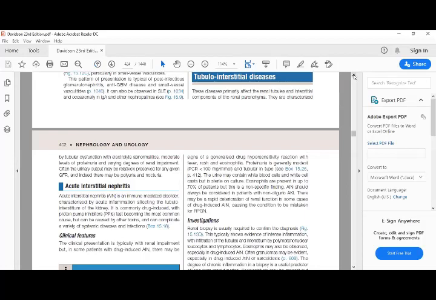They are characterized by tubular dysfunction and damage with electrolyte abnormalities. There is hyponatremia, hypokalemia, hyperkalemia, and acidosis in these cases. Moderate levels of proteinuria and varying degrees of renal impairment, which is determined by GFR. Often the urinary output may be relatively preserved for any given GFR, and indeed there may be polyuria and nocturia.